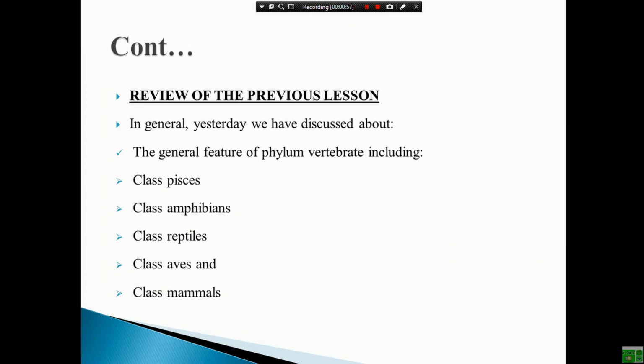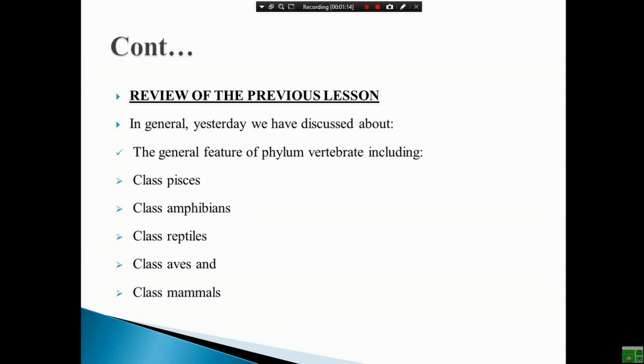But phylum Vertebrata have unique characteristics, because their body is generally bilaterally symmetric.